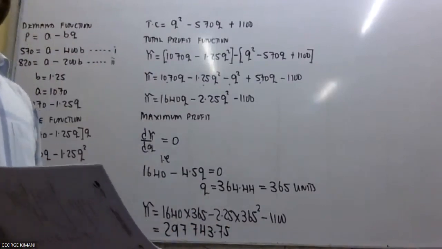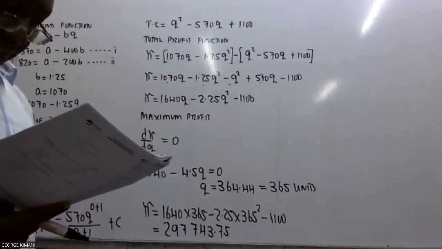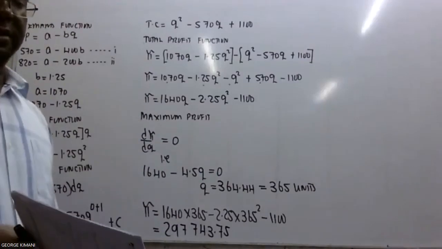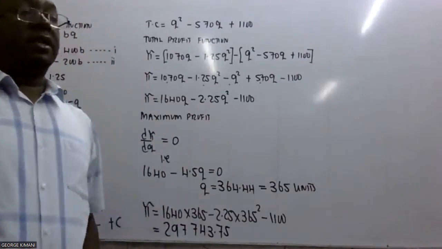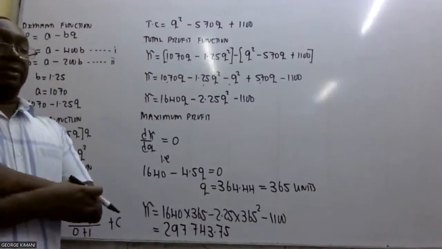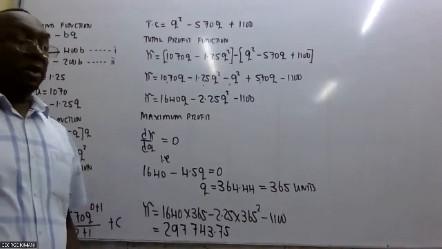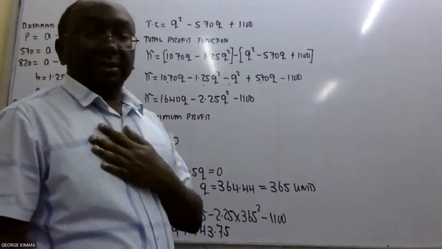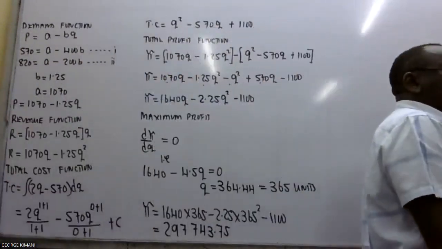So question number 4 says, in the context of hypothesis testing, distinguish between type 1 and type 2 errors. Those ones you also know. Type 1 is when you reject a true hypothesis. Someone tells you something that is very true, but you think they are wrong.